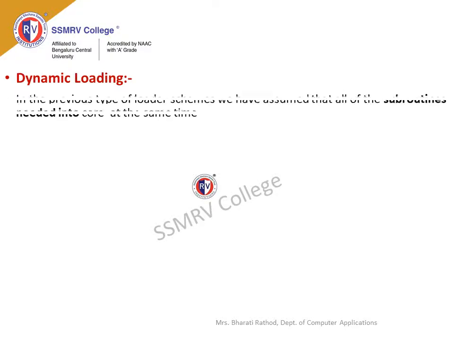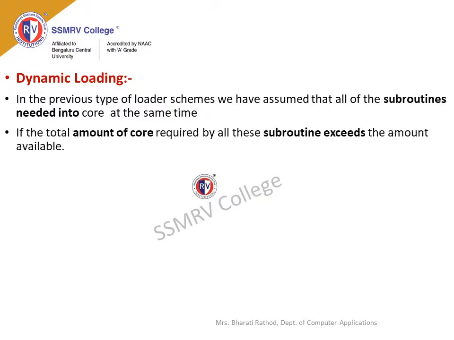Dynamic loading. In the previous types of loader schemes, we assumed that all of the subroutines needed are in core at the same time. If the total amount of core required by all these subroutines exceeds the amount of core available, naturally the execution process will be delayed.